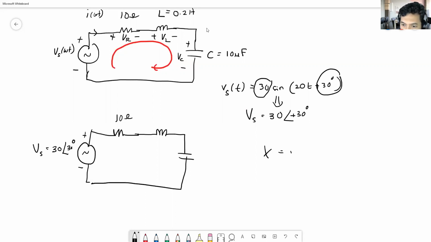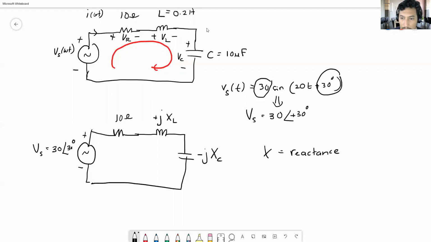The X, which we call reactance. Okay, so we have positive jXL, and the capacitor is negative jXC. Okay, so what is XL and XC?